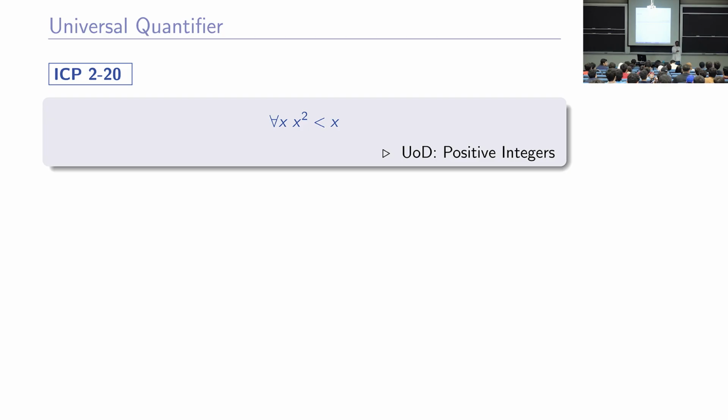Just in other words. For all positive values of x, x is greater than x squared. X is bigger than x squared. Oh, so you are coming from right to left. Okay.